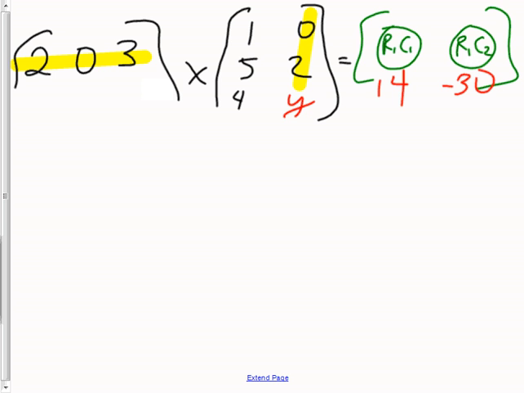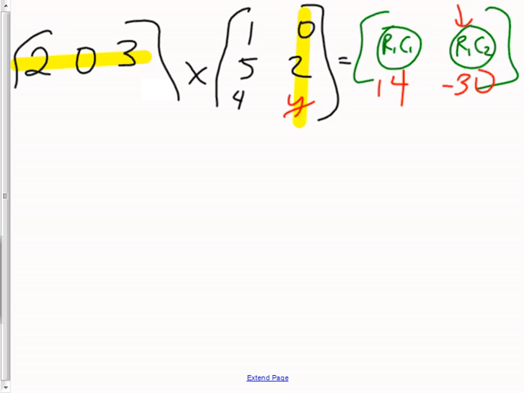Here's a hint: it's row 1 and column 2 that involves that y. We know it's negative 30, but that doesn't mean you know the answer. The answer is an equation that has y in it.